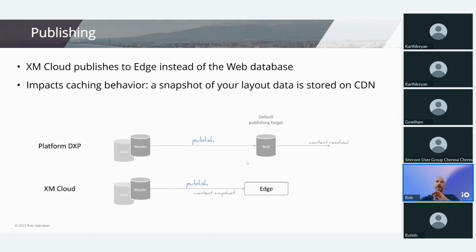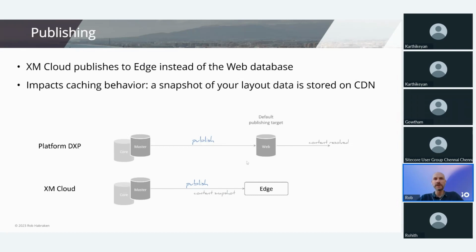And that means something for your publishing behavior, because where you used to publish from master to web with the platform DXP, and that publish was a copy from the master database to a database called web, after which upon request the content got resolved.